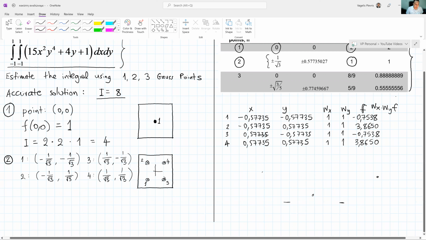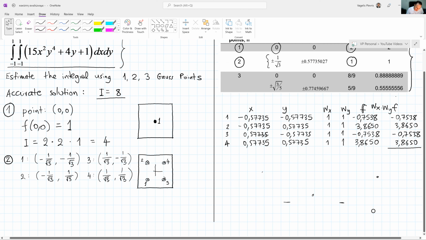And in my case, Wx, Wy, F is again the same. So I can simply write the same values again. And all I need now is to add these values to take the sum.